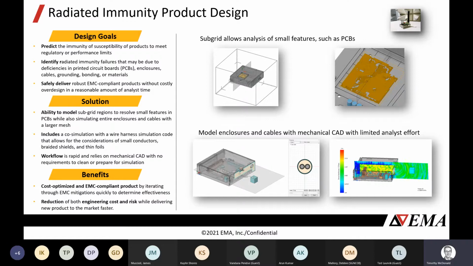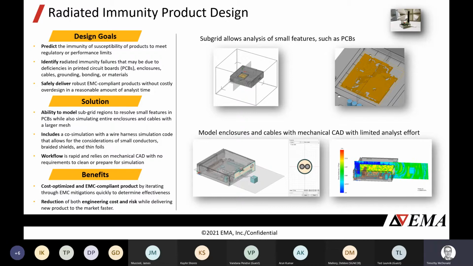And that subgrid can be used to model things like PCB planes, vias, traces, and ground planes with a very high resolution and a very small mesh size. We can then model the rest of the enclosure and the cable with a much larger computational mesh. And what this allows us to do is combine those two into a single evaluation that considers both scales of the problem at the same time.